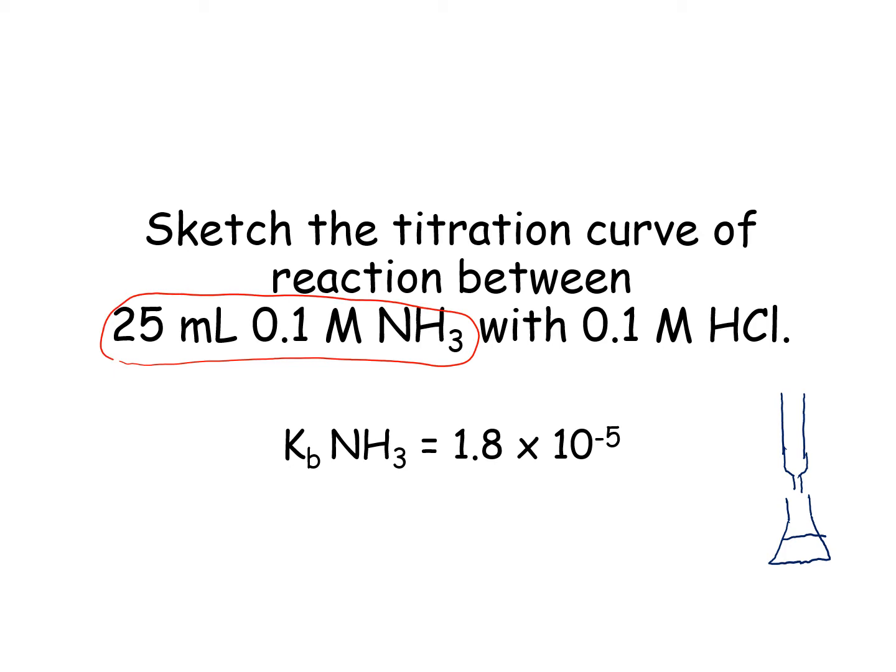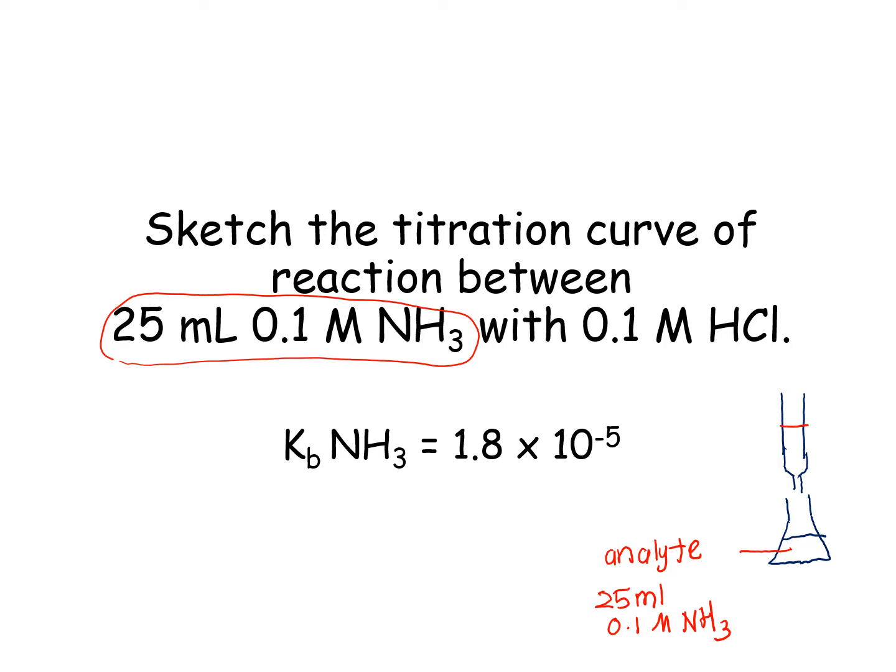In the last two examples that I did with you, we started with the analyte as an acid, strong acid and weak acid. But here now, kita punya analyte, saya dah tukar. Instead of using acid, I use a base as my analyte, which is 25 ml of 0.1 molar NH3.